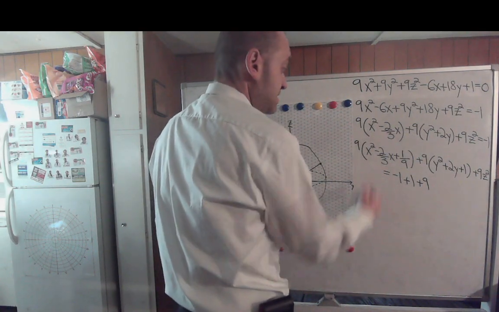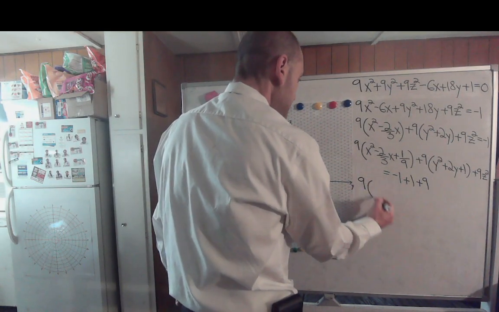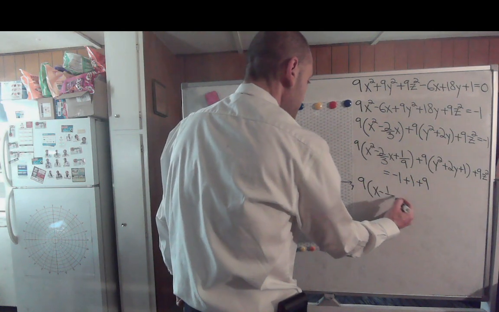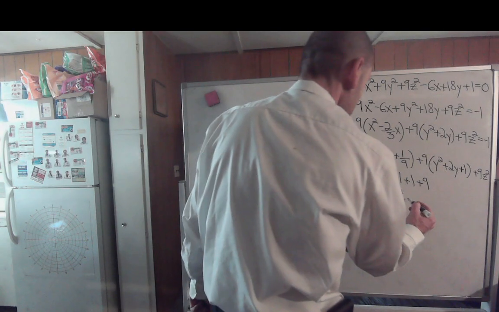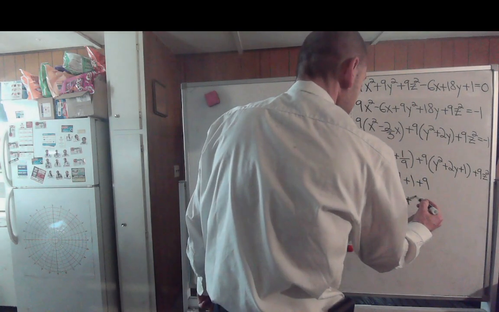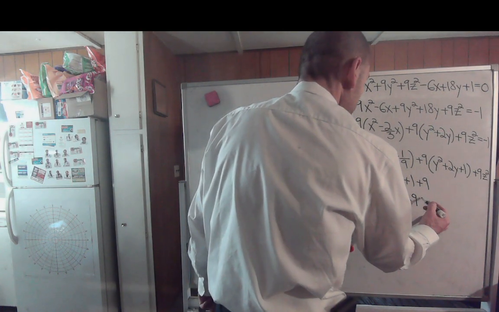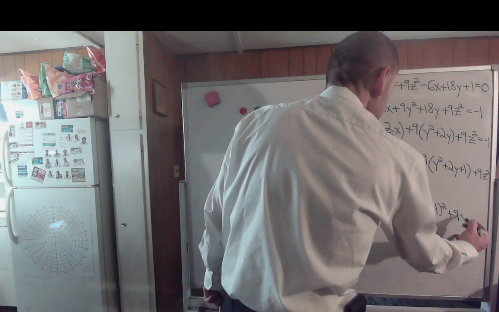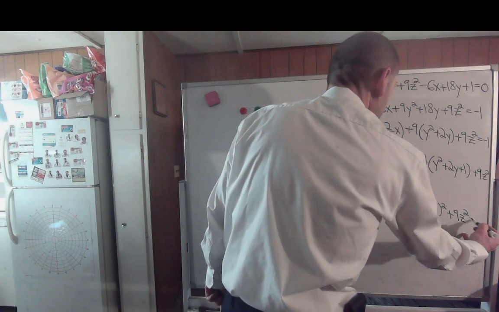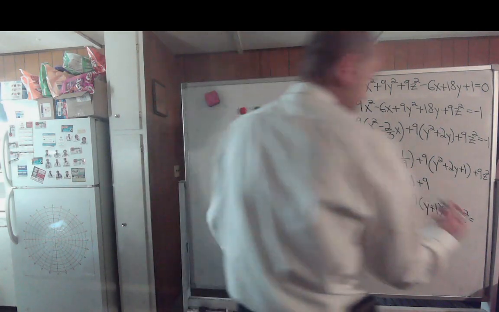So let's simplify the left-hand side. This would turn into 9 times the quantity x minus 1/3 squared, plus 9 times the quantity of y plus 1 squared plus 9z squared equals your right hand side. Negative 1 plus 1 is 0, plus 9 is 9.